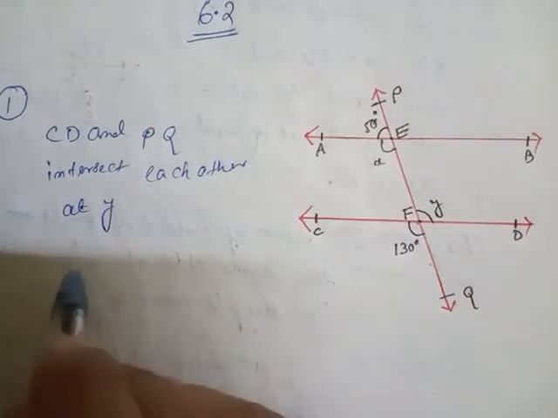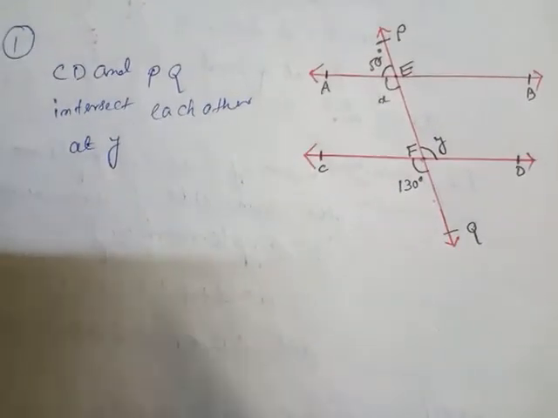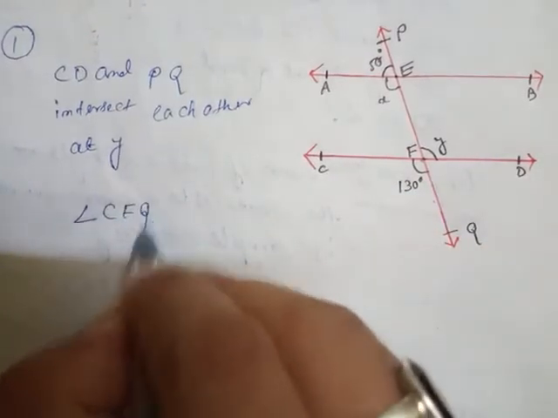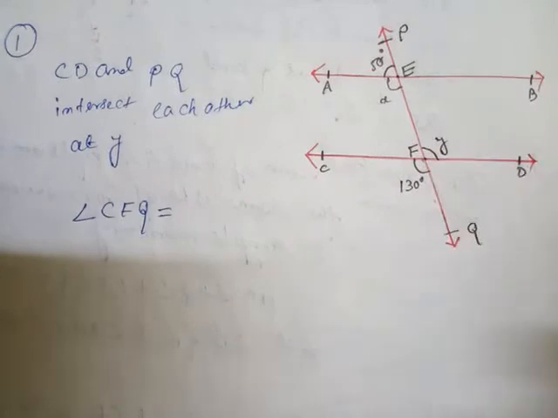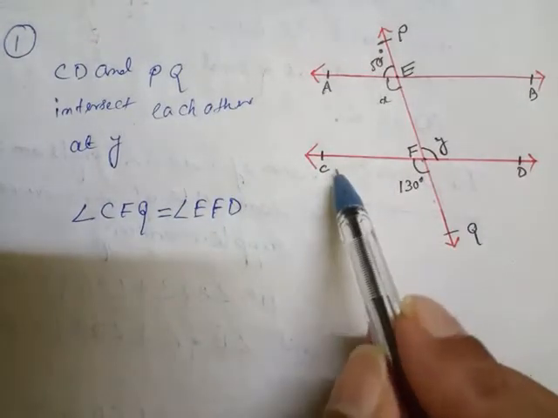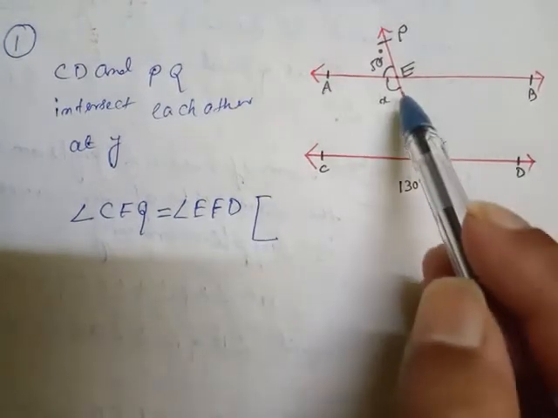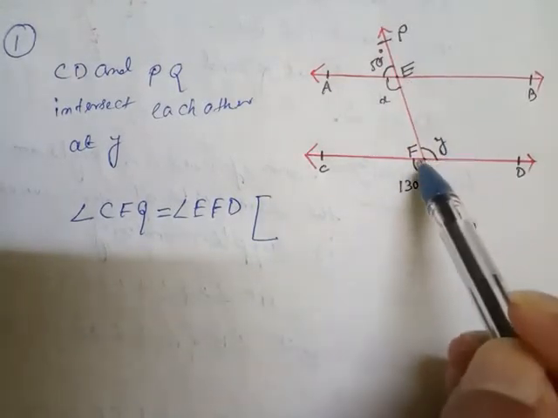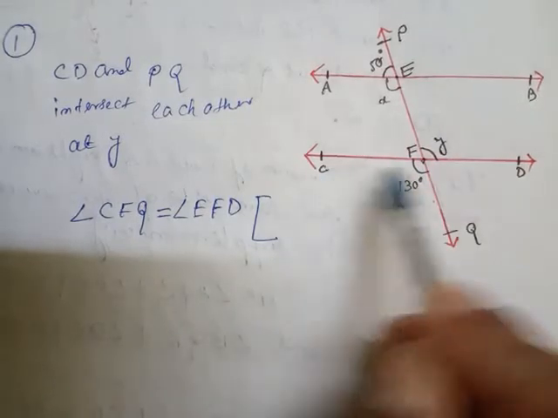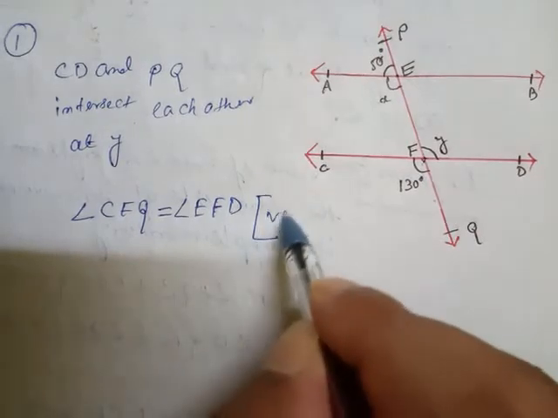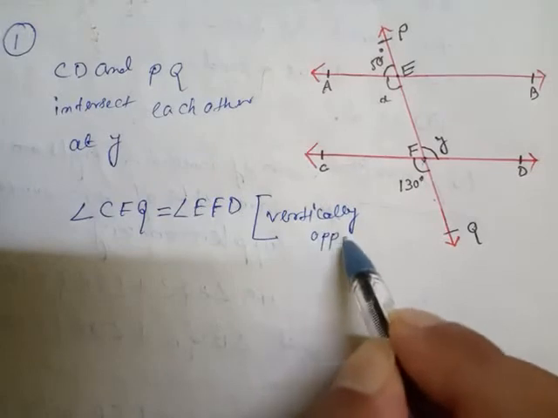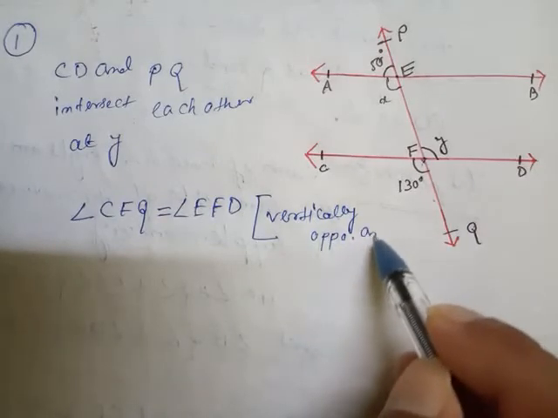So here you can write that angle CFQ is equal to angle EFD. This point is F and the value is y actually, and CFQ, this is a vertically opposite angle.